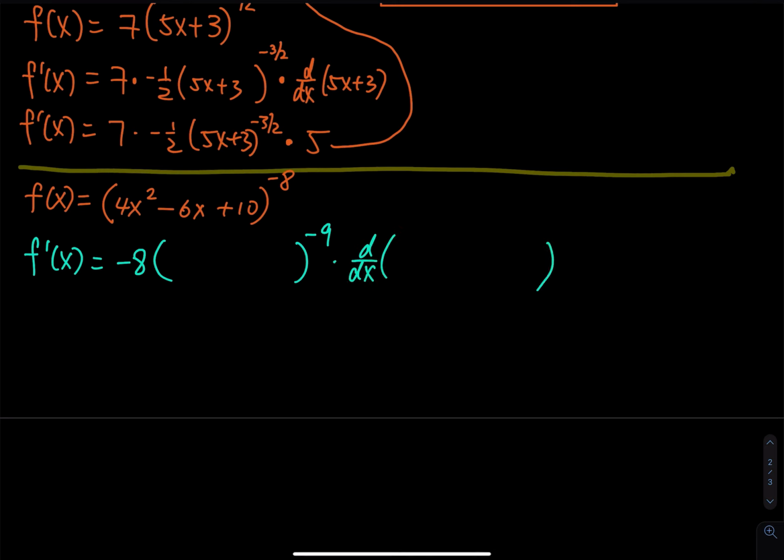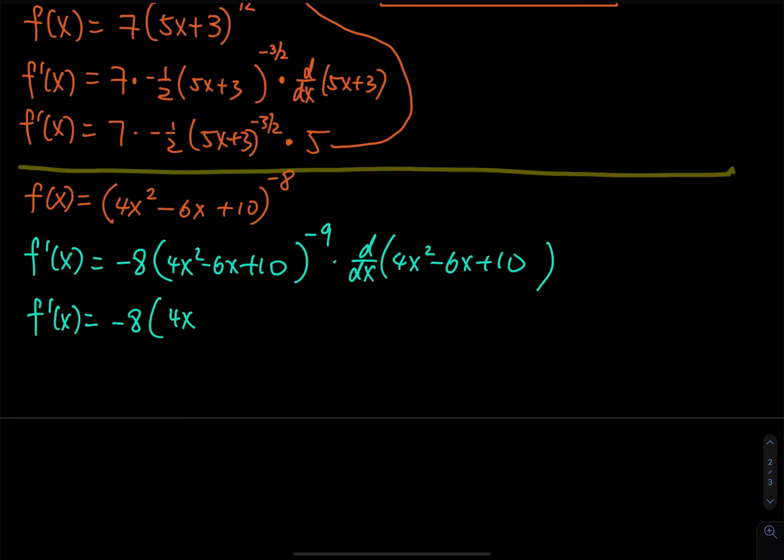The parabola is 4x squared minus 6x plus 10. You also fill out this blank, 4x squared minus 6x plus 10. And then all you have to do is take the derivative, right? So f prime of x equals negative 8, 4x squared minus 6x plus 10 raised to the negative 9, and then we multiply.